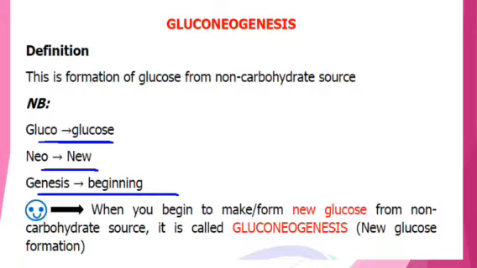Thus, gluconeogenesis is the formation of new glucose from non-carbohydrate sources. When you begin to make or form new glucose from non-carbohydrate sources, it is called gluconeogenesis, new glucose formation.